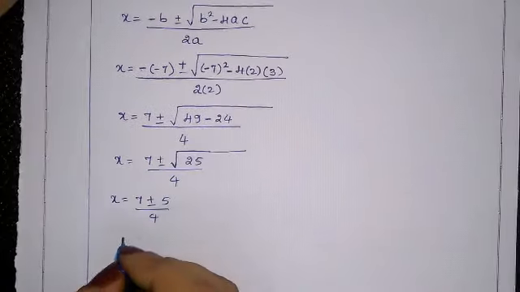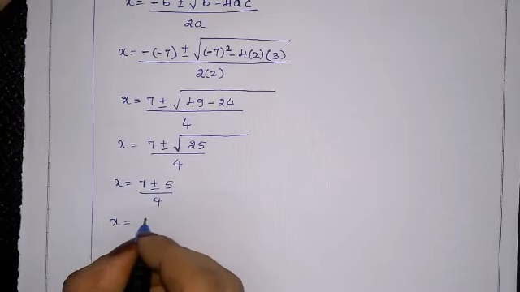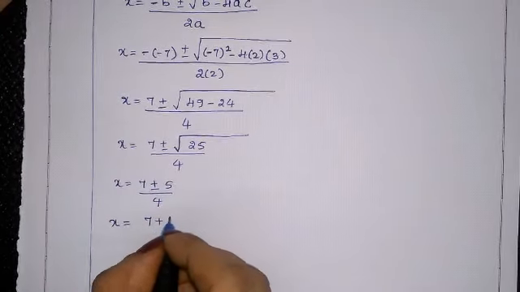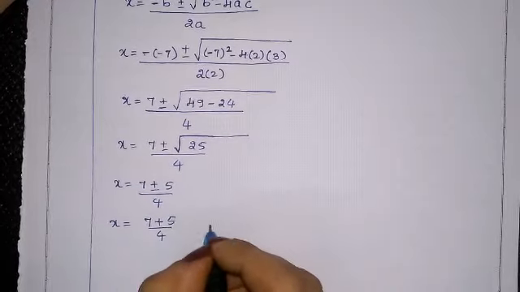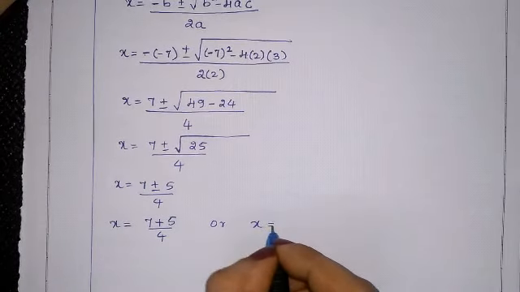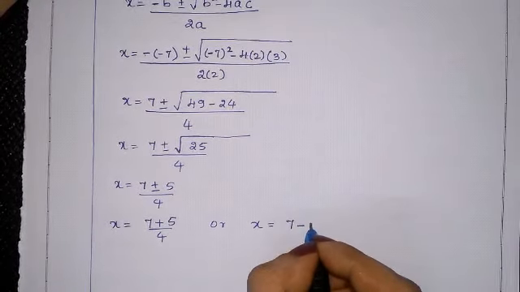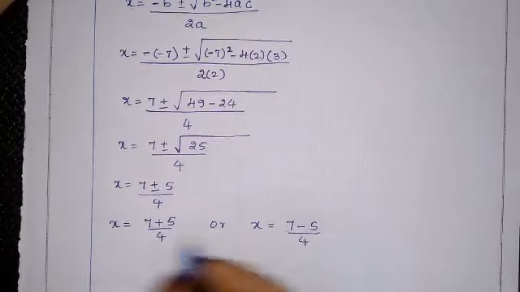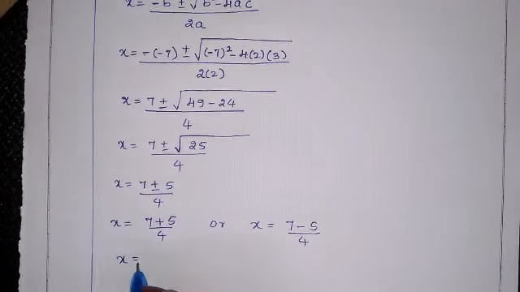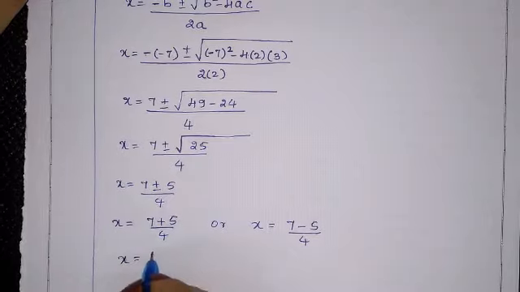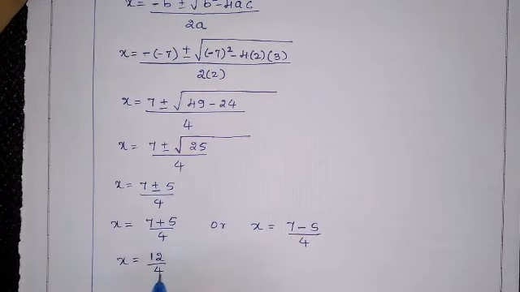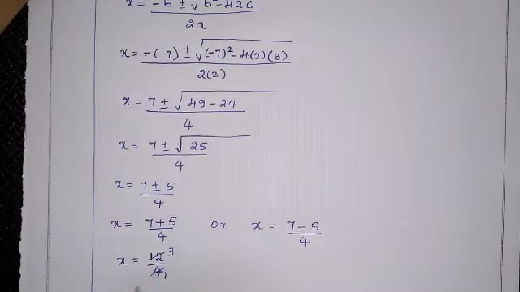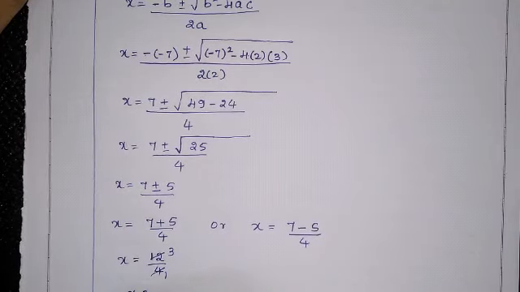Now here we will get two values. X is equal to 7 plus 5 by 4 or x is equal to 7 minus 5 by 4. X is equal to 7 plus 5 by 4 is 12 by 4. 4 1s are 4, 4 3s are 12. X is equal to 3.